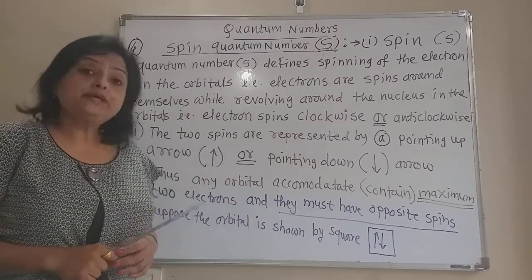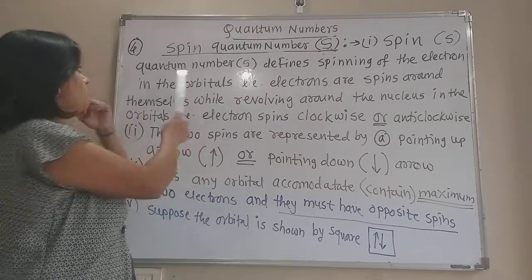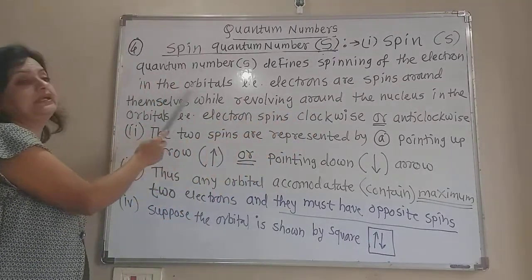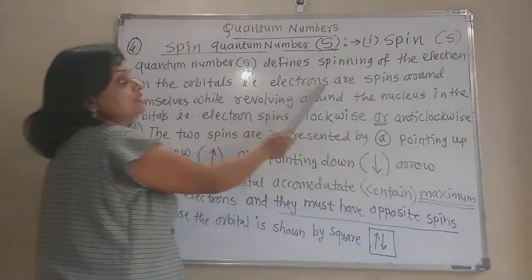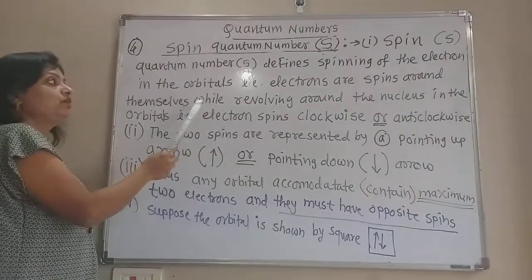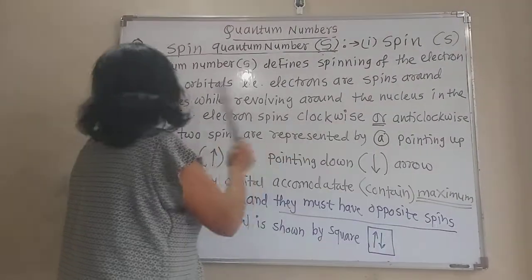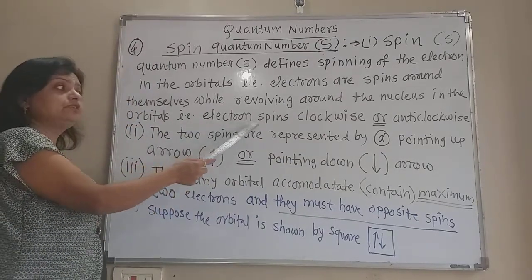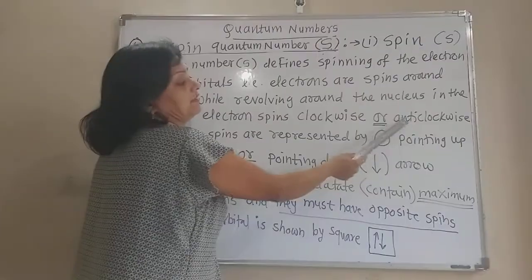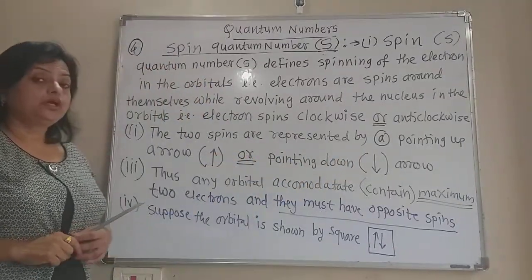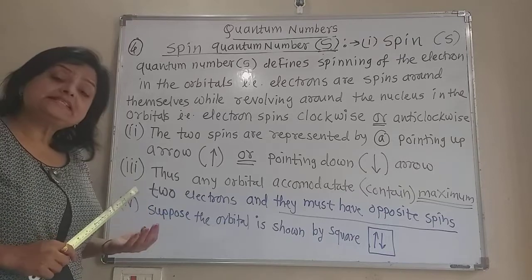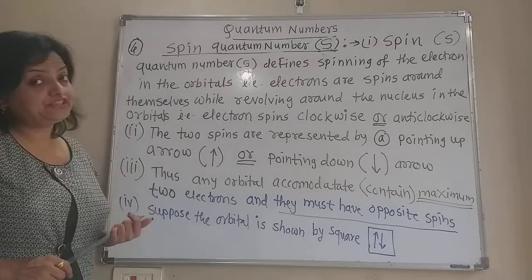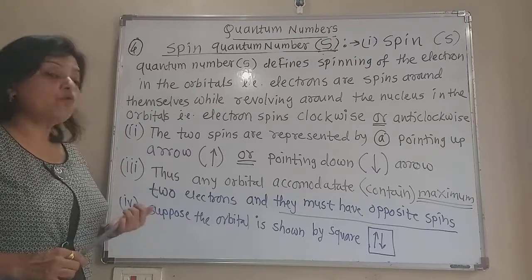Now the spin quantum number S defines the spinning of the electron in the orbitals. That is, electrons spin around themselves while revolving around the nucleus, either in the clockwise or the anti-clockwise direction. If the electron spins in the clockwise direction, the spin is represented by an upward pointing arrow.